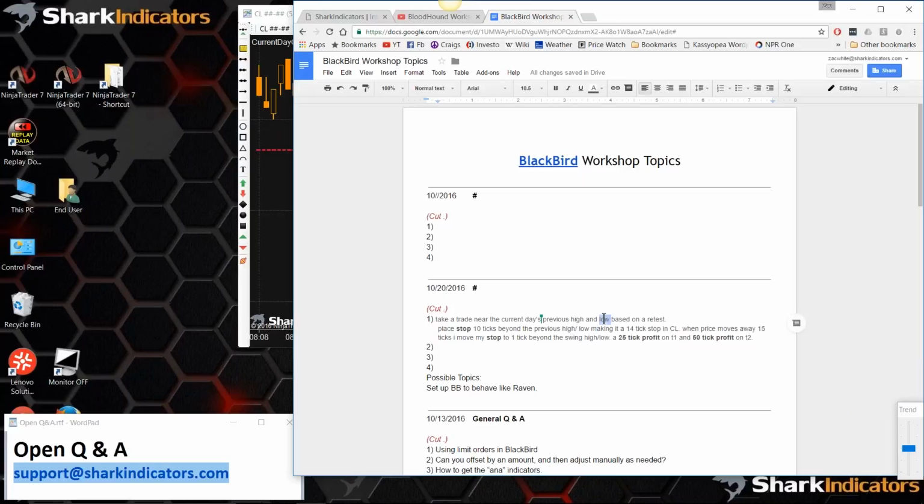Once we get that retest, we want to put a limit order out there, and hopefully that limit order gets picked up. And right here is the description of how to manage the stop loss and where the profit targets are going to get placed as well.